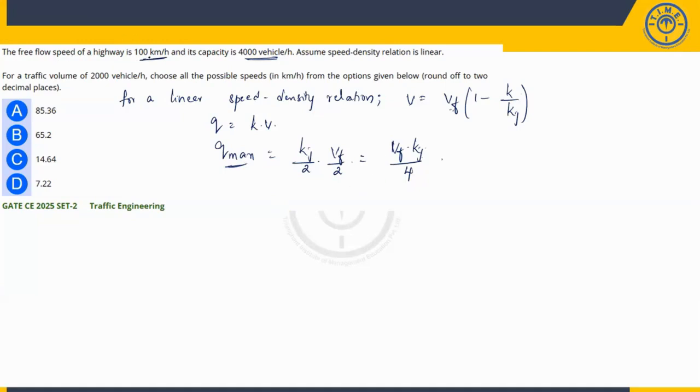Free flow speed is 100 kmph and its corresponding capacity is 4000 vehicles per hour. Qmax 4000 is equal to Vf, 100, into Kj upon 4. What is Kj then? Tell me the value of jam density Kj.